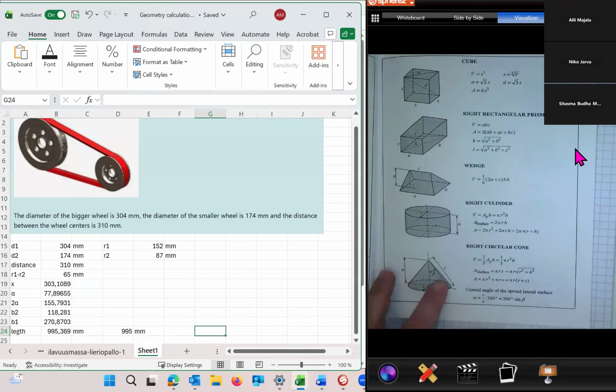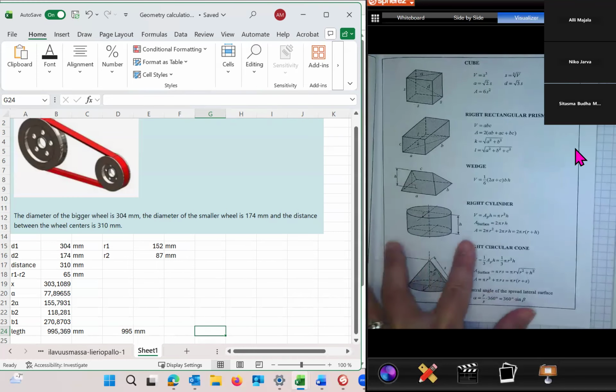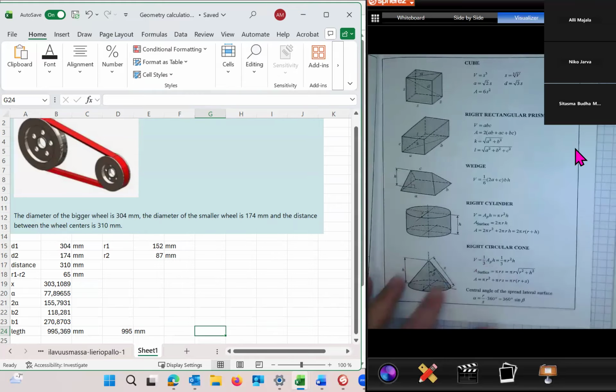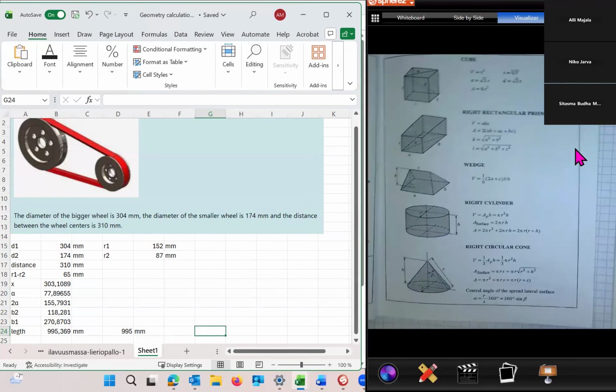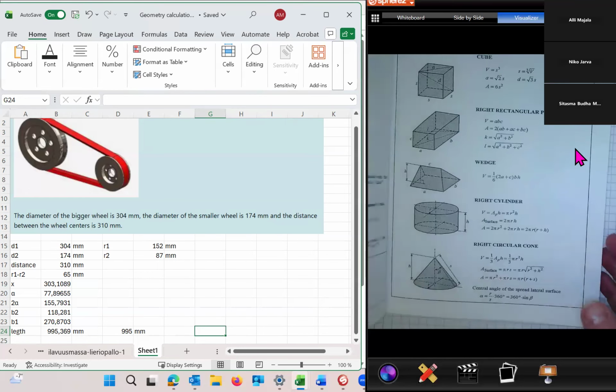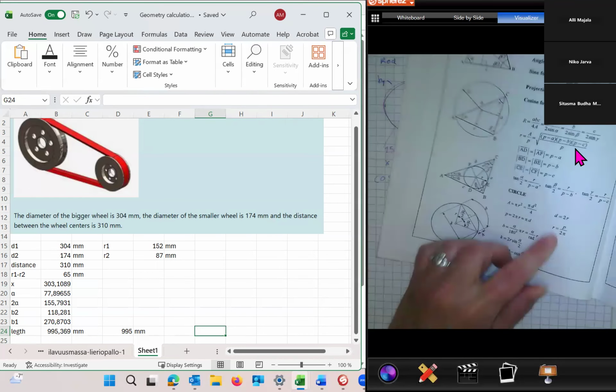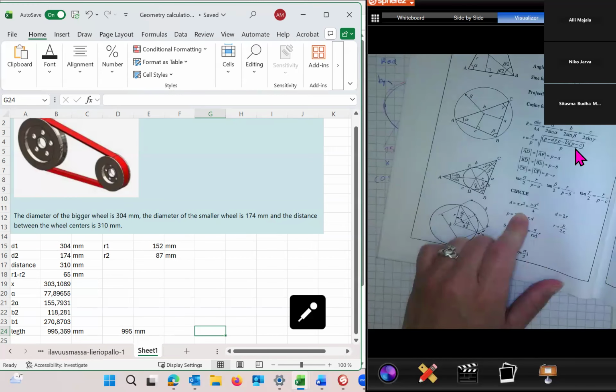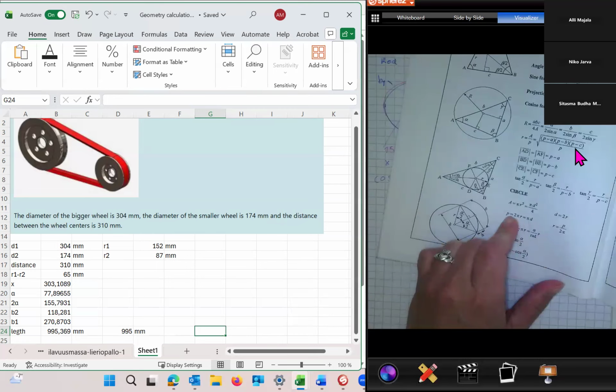And there you get with the B, you first get this circumference, from which you then solve the radius. Easily.